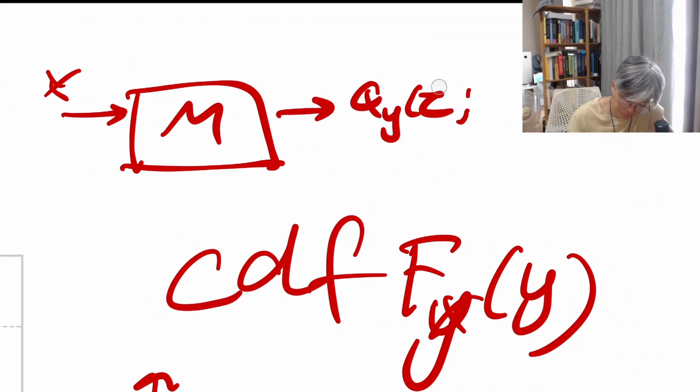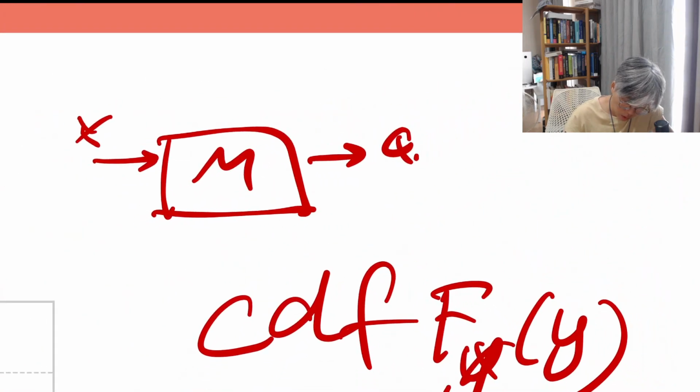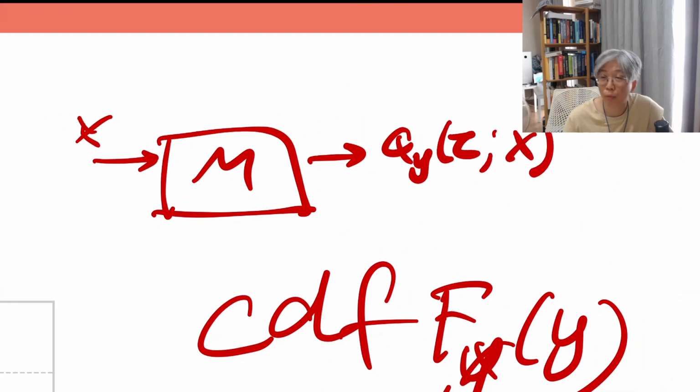Let me use the same notation, q of variable y at tau, but it's going to be a function of x. So that's why it is called a conditional quantile.